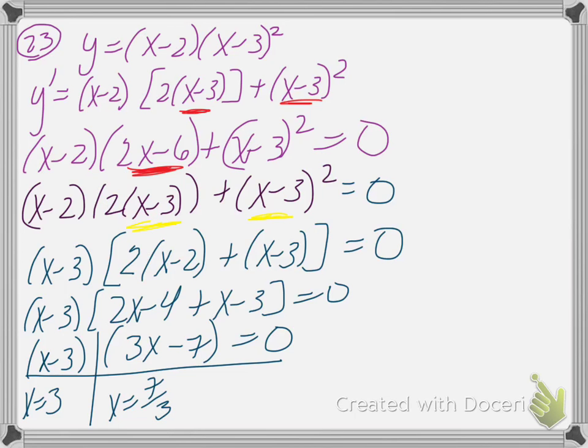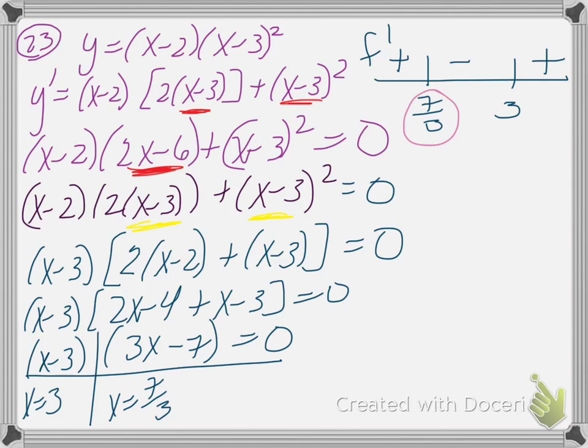So we're trying to find out when there are maxes, so I'm going to make a wiggle graph. And remember, maxes and mins always come from the first derivative. So I'm going to put values into the first derivative, and you should get a positive, negative, positive. So if you look at this first one at x equals 7/3, the function was increasing and then decreasing, so there has to be a max.